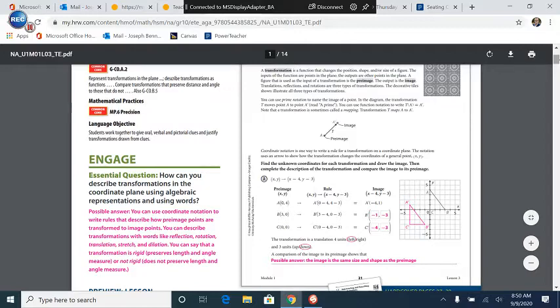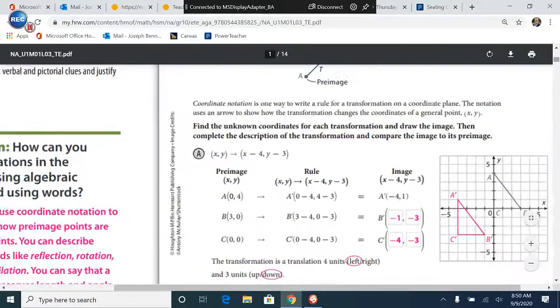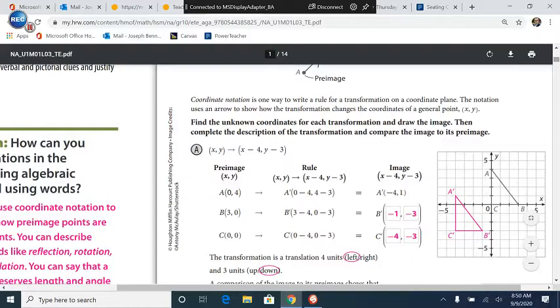It's not great, I know. But there's a little better. All right, so find the unknown coordinates for each transformation and draw the image. Then complete the description of the transformation and compare the image to the pre-image.